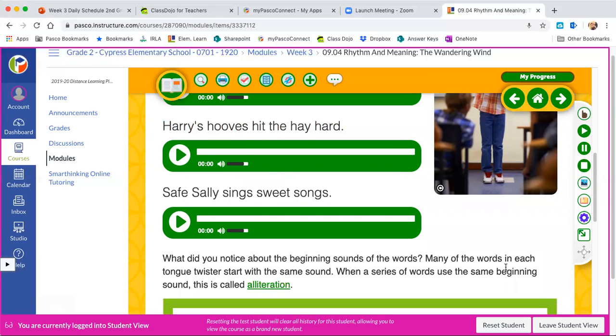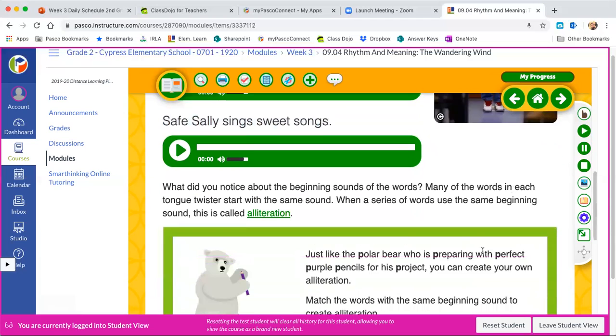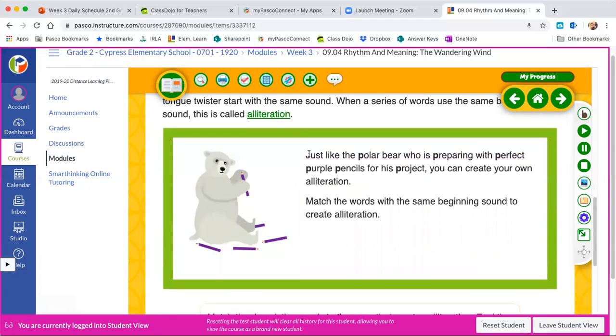Alliteration is when the line of a poem has several words that begin with the same sounds. And that makes the line of a poem really roll right off your tongue. It makes it more fun to read, and it makes it so that you're able to read that line in the poem a little bit faster.